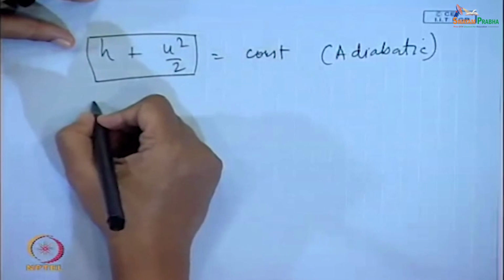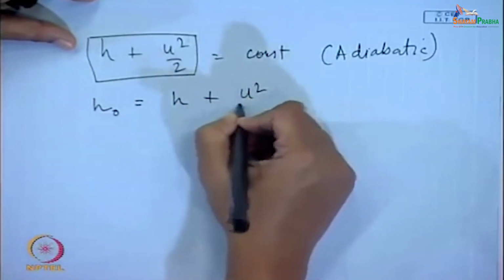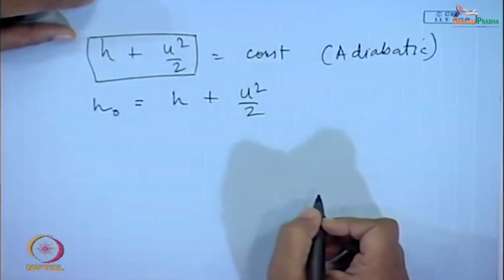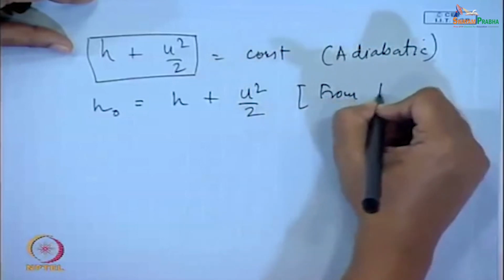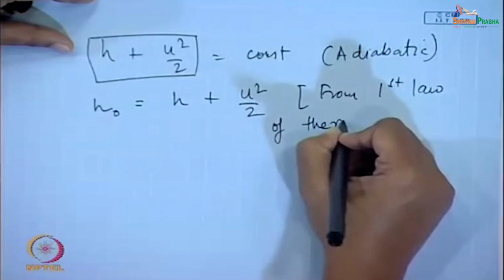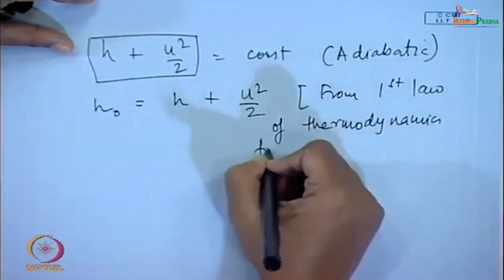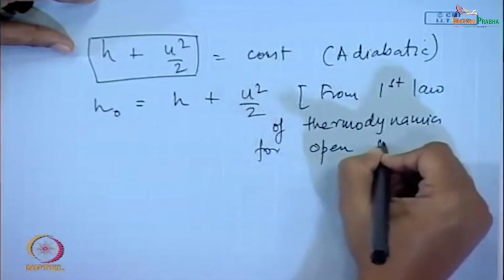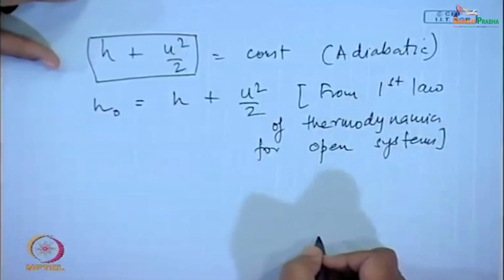So, the stagnation enthalpy H 0 is nothing but equal to H plus U square by 2, is not it? This we have got from the first law, right. We have already deduced it.